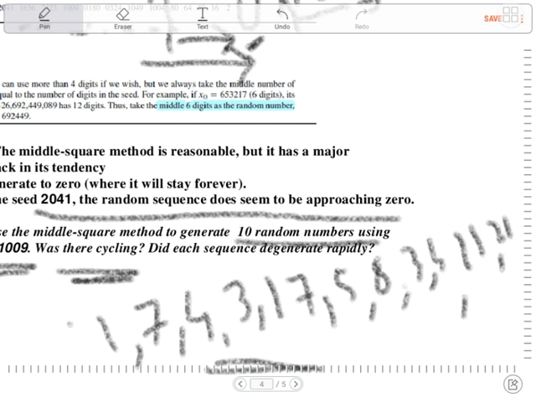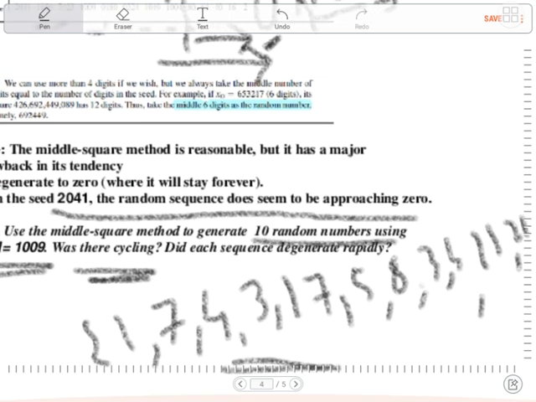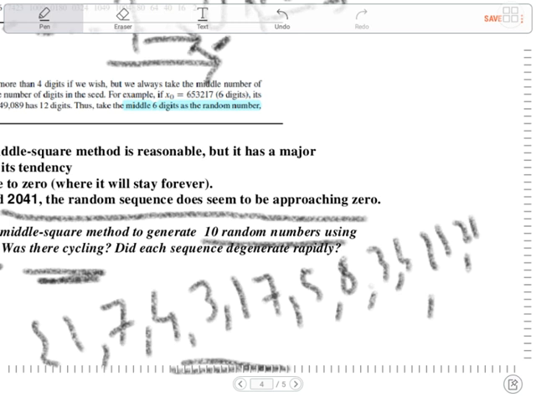Do you say it is cyclic in nature? Is there a repetition? No, because 1743, after you cover 1743, I am getting 1 here, then 7 here, but what about 4 3? I am not getting that. Again, if I say 3 4, 3 4 is here, but what about 1 7 then? There is no 1 7 there.